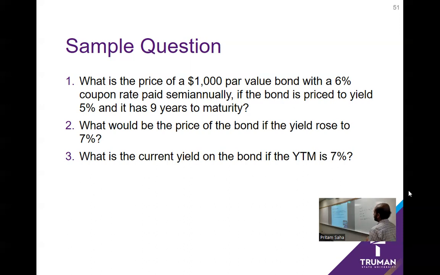What is the current yield on the bond if the YTM is 7%? From the last class, we know that current yield is basically annual coupon divided by price. So price at 7%. Annual coupon is 60, price at 7% is 934. Right?